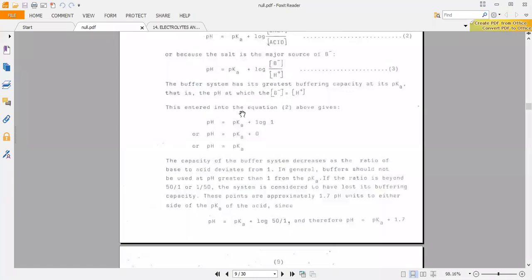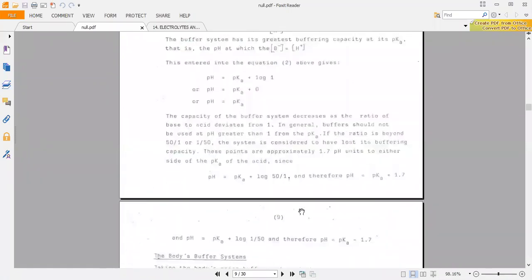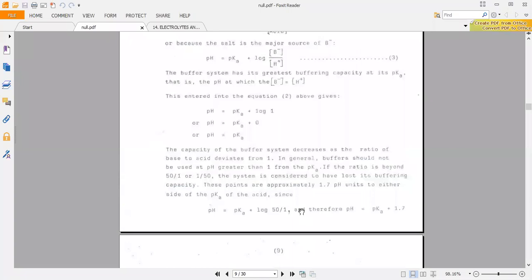Now, let me add this concept. If the ratio of the conjugate base and the acid is, let's say, 50:1 or 1:50, if it exceeds this ratio, that system cannot work as a buffer.